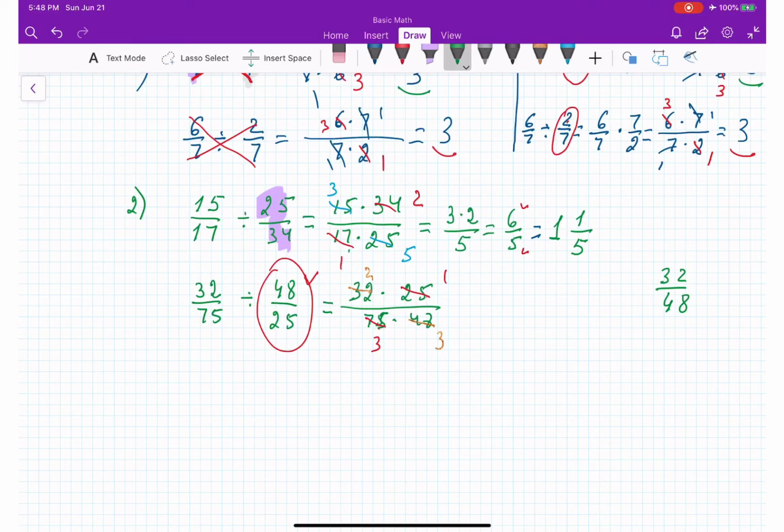It's not a problem at all, so let's go slow. 32 divided by 2, it's going to be how much? 16, yes? 48 divided by 2, it's going to be 24. All right, you are looking at 16, 24. You can divide by 2 again. It's going to be 8. This is going to be 12. Well, fair enough. You can reduce by 2 also.